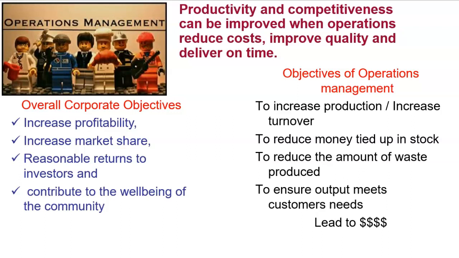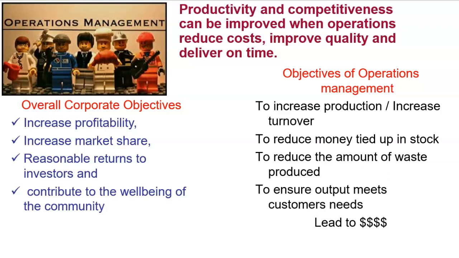So to support the overall corporate objectives, we look at the operations manager. He's looking to increase production or increase turnover within the operations system. He's looking to reduce the amount of money that's tied up in stock. He's looking to reduce the amount of waste that's produced within this operations management system, and he's looking to ensure that outputs meet customer needs.